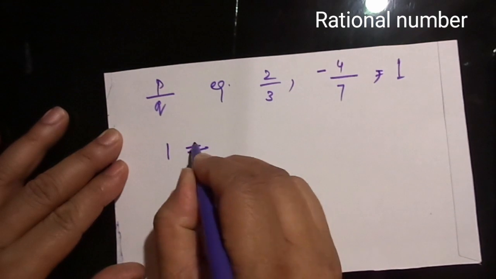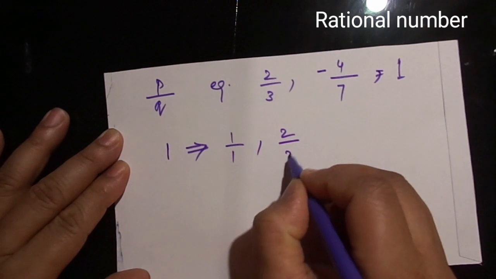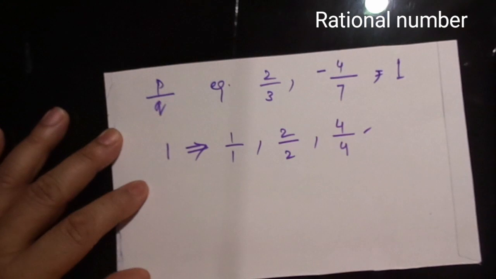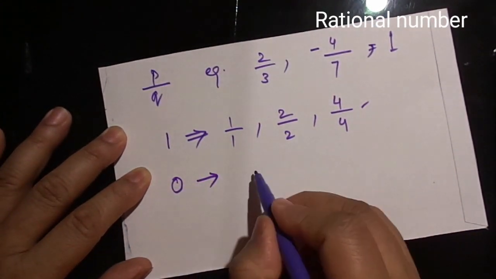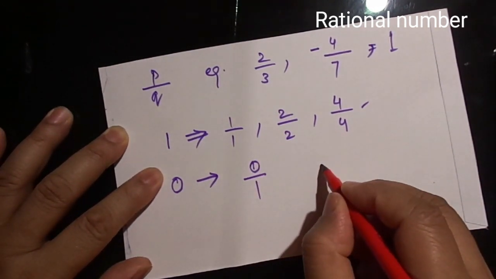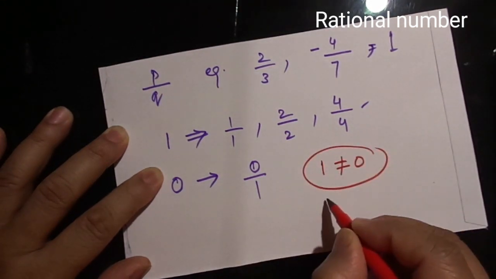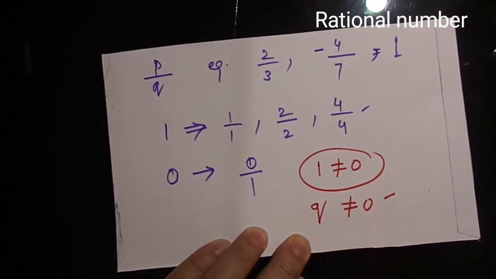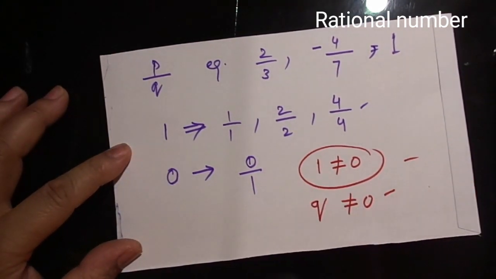Because 1 can be written as 1 by 1, 2 by 2, 4 by 4, in this way. Okay. 0 can also be written as 0 by 1, and here you can see that 1 is not equal to 0, or you can say that q is not equal to 0.